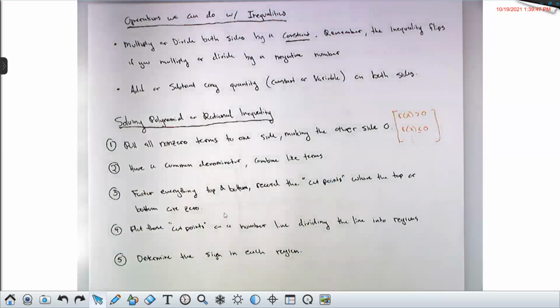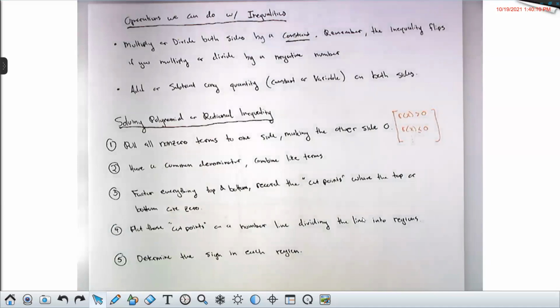So you plot those on a number line. That will divide your number line up into regions, and in each of those regions, your function will either be positive in that whole region or negative in that whole region. So once you know whether you're positive in one point of that region, you know you're positive everywhere in that region. And there are some tricks we can use here.